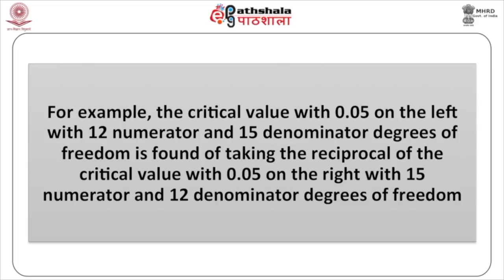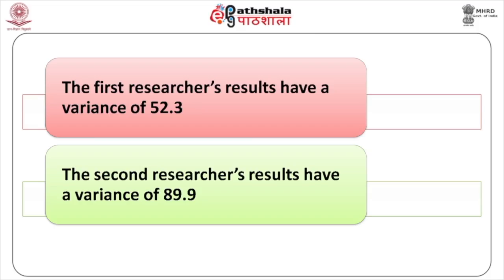For example, the critical value with 0.05 on the left with numerator 12 and denominator 15 degrees of freedom is found by taking the reciprocal of the critical value of 0.05 on the right with 15 numerator and 12 denominator degrees of freedom. For example, two researchers are interested in whether or not there is any variation in the way the results of lie detection are obtained at two different laboratories.